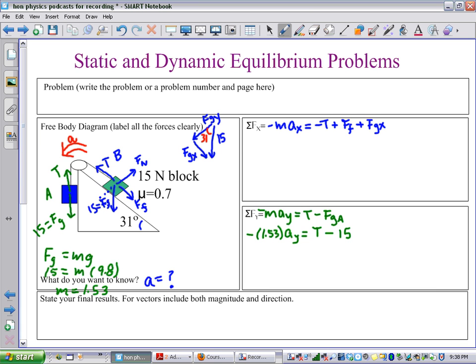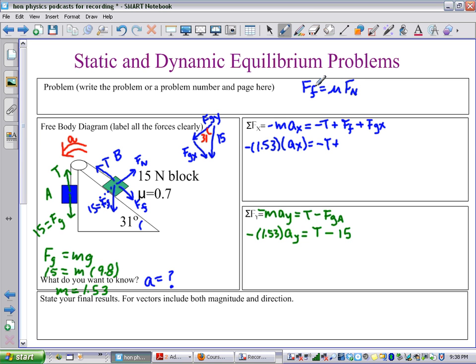We know the mass is 1.53. We do not know what the acceleration is. Minus, we don't know what the tension is. We don't know what the force of friction is, but we do know that there's a relationship between the force of friction and the normal force because they're both components of the surface on the object.